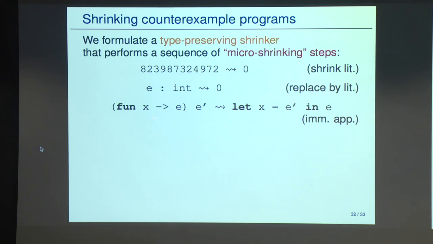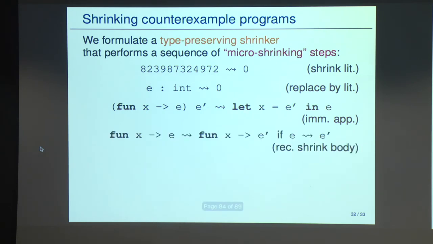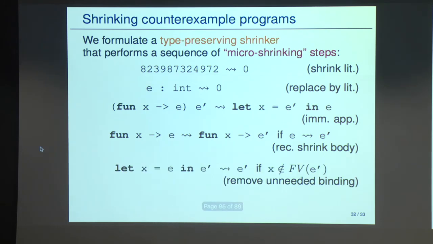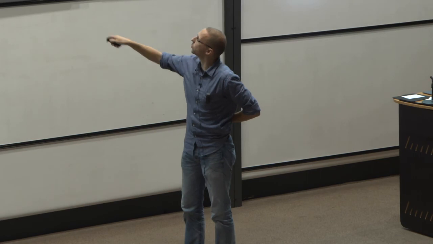Here's an immediate application; we can rewrite that into a let binding. Of course, you also shrink recursively. In this example, I'm shrinking the body of the lambda, and in this one, I'm removing an unused let binding. There was one more: this one, I'm just simplifying a conditional into one of the branches.